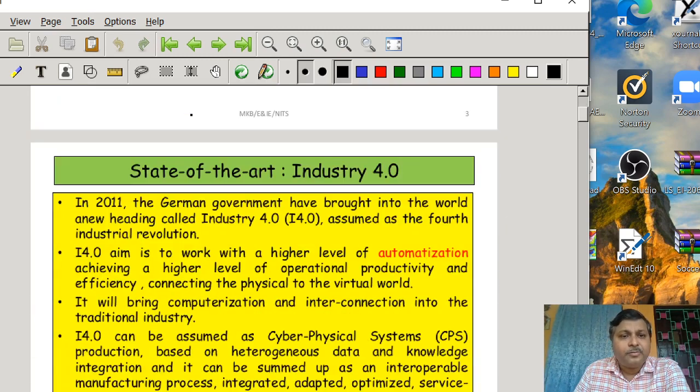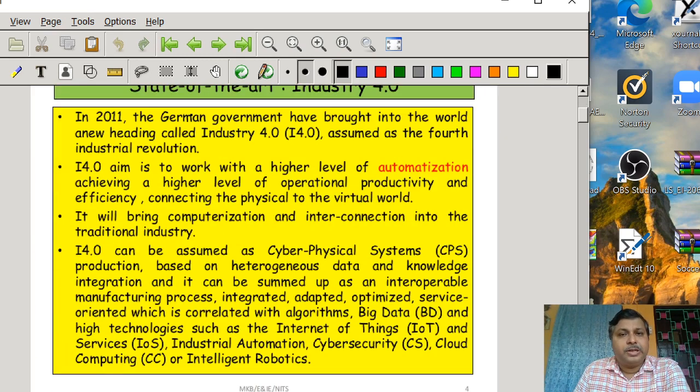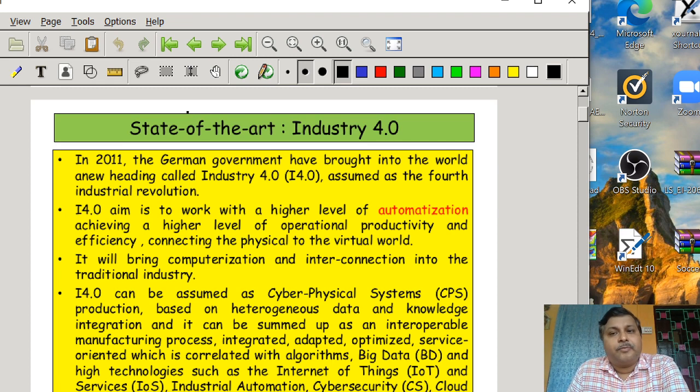Now, before going to the details of the introduction of this course, we want to know where we are presently. Many of you have heard the term Industry 4.0. This is the current state of the art of the industry.